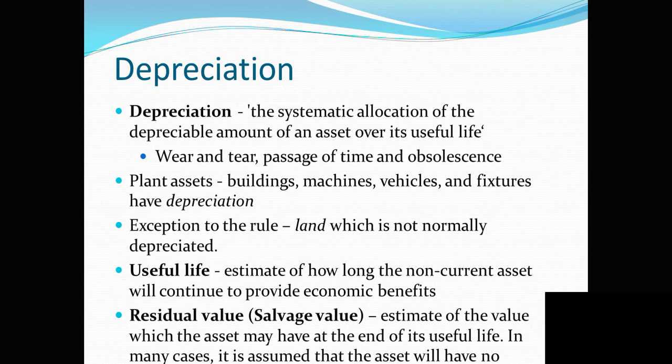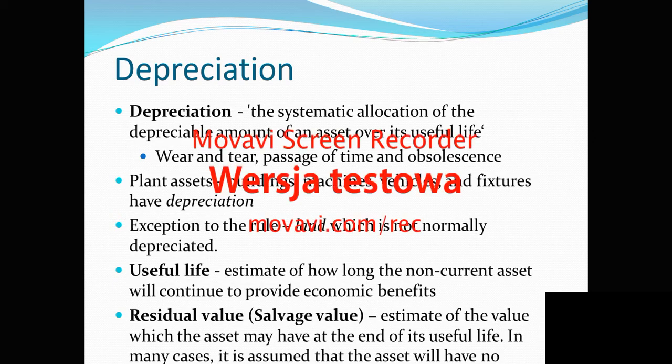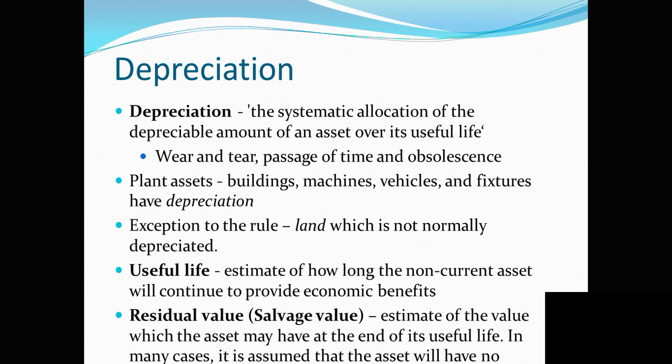This means that they subtract depreciation expense from that purchase price for several years. One exception is that normally land is not depreciated, so just keep that in your minds.